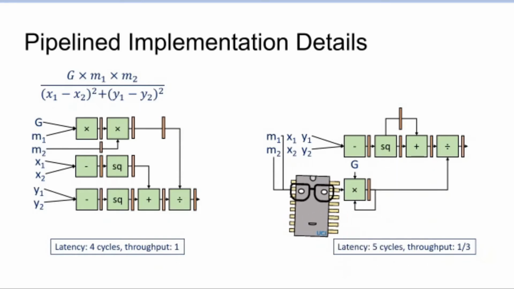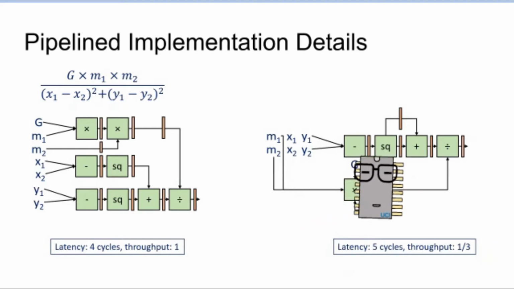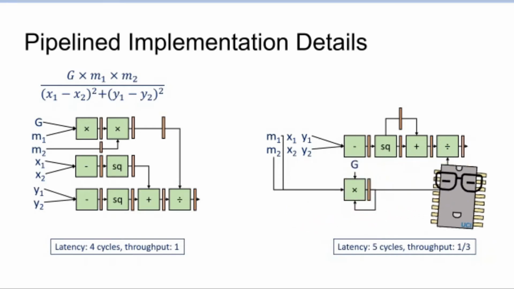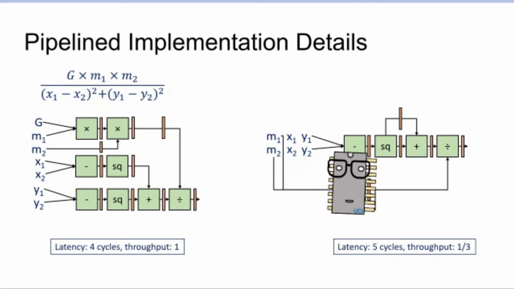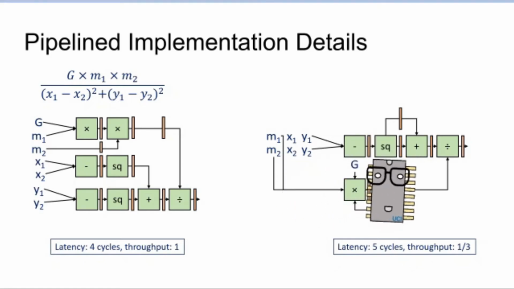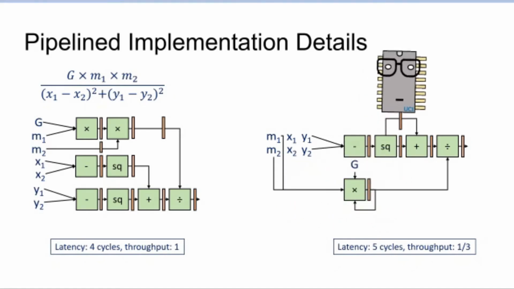The second thing is that now not all the data are moving forward in pipeline stages one stage per cycle. For example, if you look at the very first pair of data that comes in, y1 and y2, the first cycle is subtraction, the next cycle squaring, and then we push it into this pipeline register.